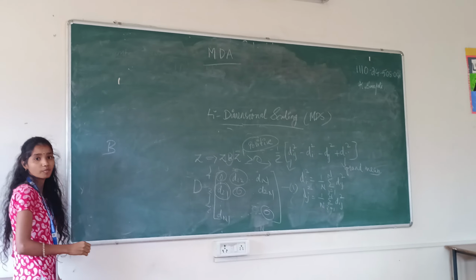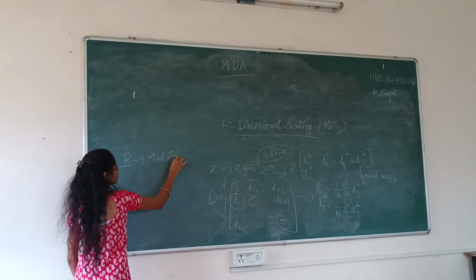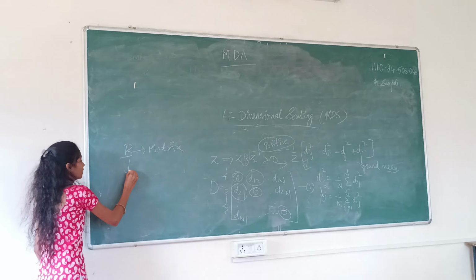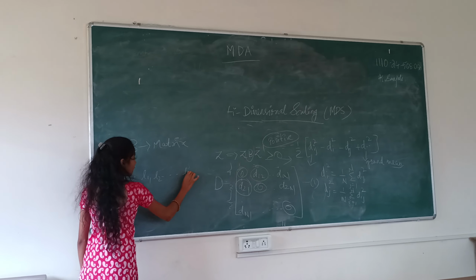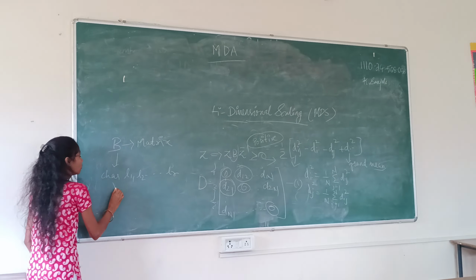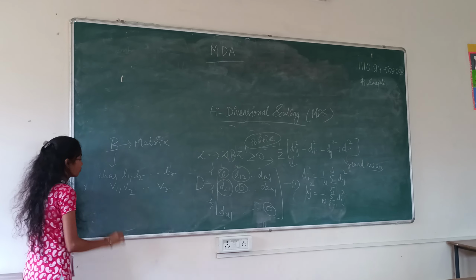After extracting the B matrix, we need to extract the characteristic vectors from it. The eigenvalues are L1, L2, and so on up to Lr, and these are associated with the vectors V1, V2, and so on up to Vr from the V matrix.